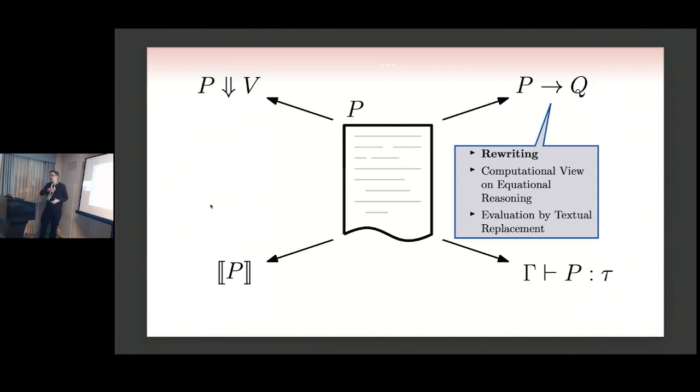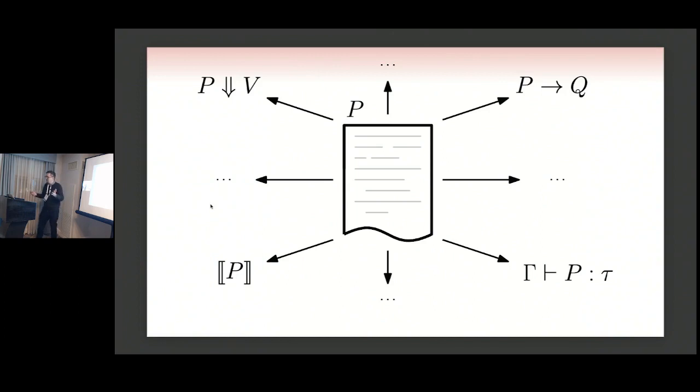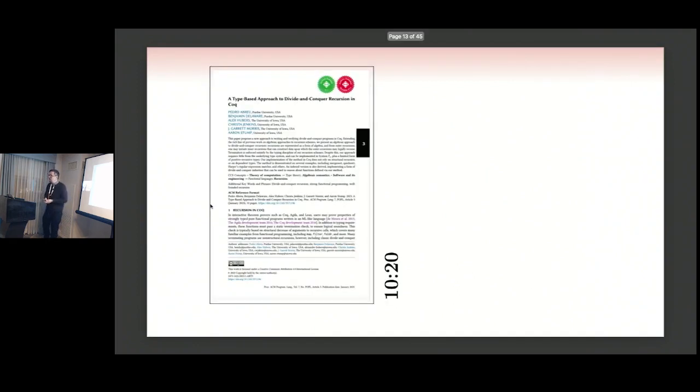And when this process is oriented, rewriting can take the place of the operational semantics. By the way, this is not at all the end of the story, because there are so many other ways to give semantics to programs. But these four alternatives to give semantics to programs are those that we will see tomorrow in the session. So let's take a look at the papers.